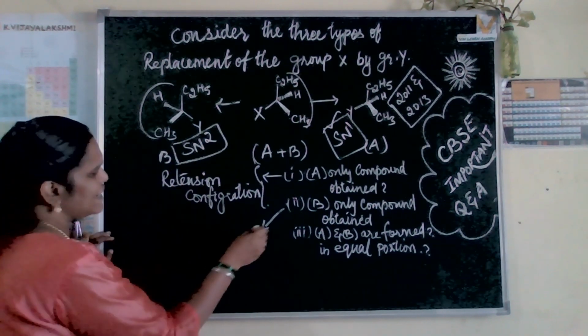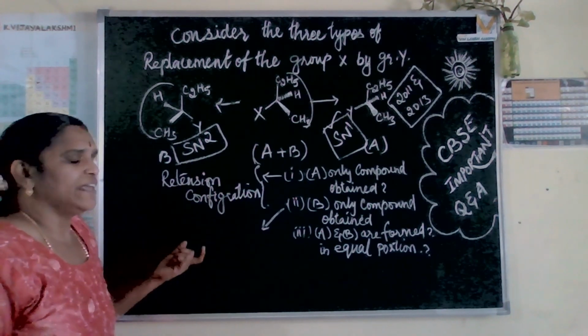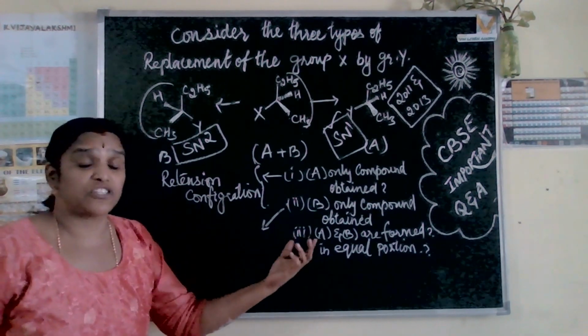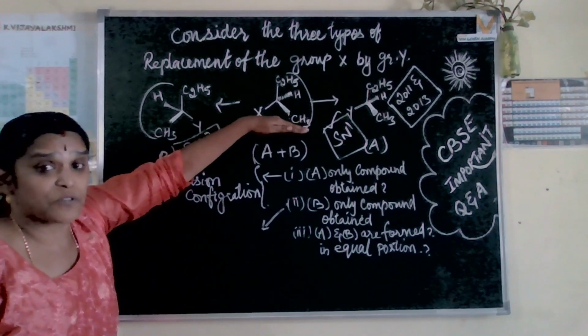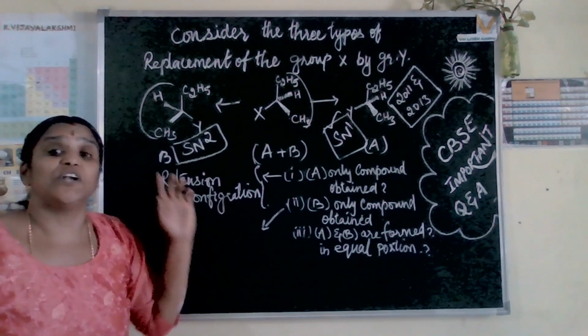Okay, so what is the name here? What will you bring as the answer here? Walden inversion or inversion of configuration. So what do you mean by inversion of configuration? Suppose the substrate during the reaction is in the dextro position, it will be changed into the levo position.